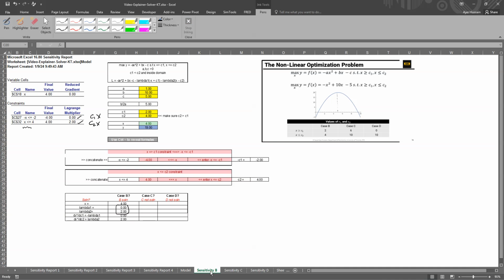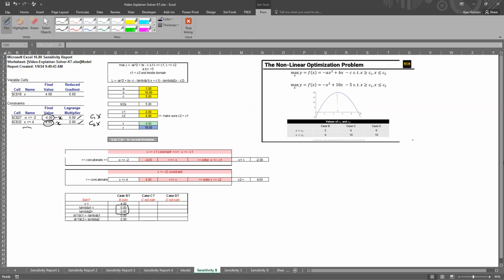It tells you in the case of case B, minus x was supposed to be minus 2. See that it looks nice, and of course what it means by this is the value of minus x, and that's the value of x, and those are lambda 1s and lambda 2s.